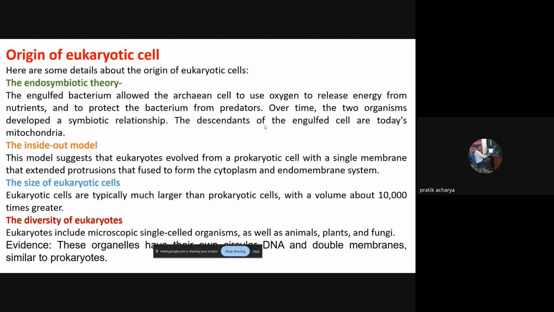Their DNA is different from nuclear DNA, though they have the same cell structure. And it's circular like bacterial DNA. The mitochondrial DNA and chloroplast DNA are generally circular, like bacterial DNA.